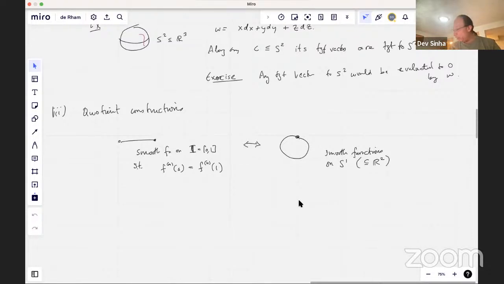And then you could do this with forms. And then the good old dx from single variable calculus corresponds to d theta under this. And again, I'm not going through the detail of how you do this with forms, but it can be done.